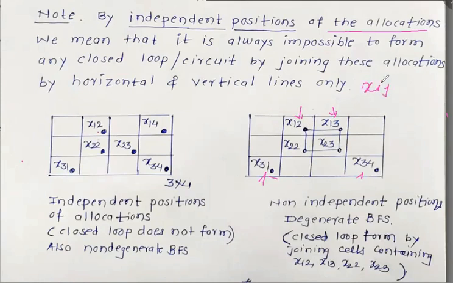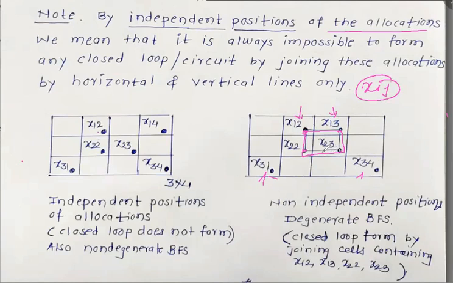Xij means the quantity of goods transported from the ith factory to the jth warehouse. Suppose there are 6 positive allocations. Now in this solution, if you try to join these 4 cells, we get a circuit or closed loop. So here a closed loop forms.